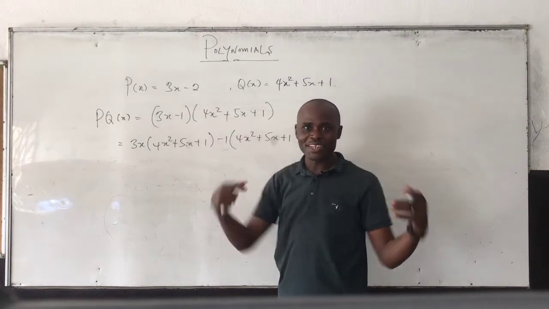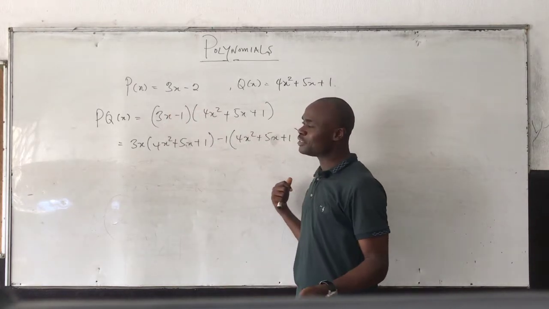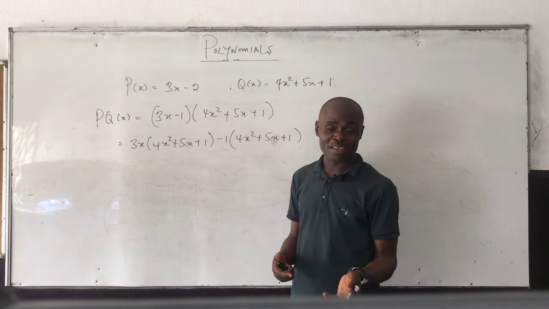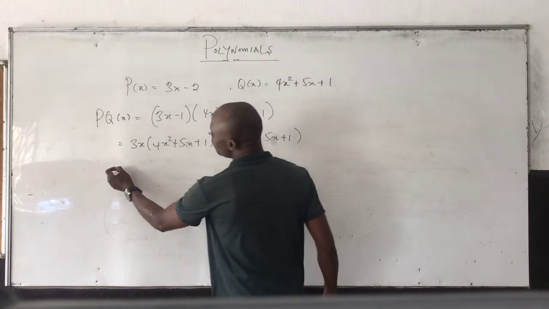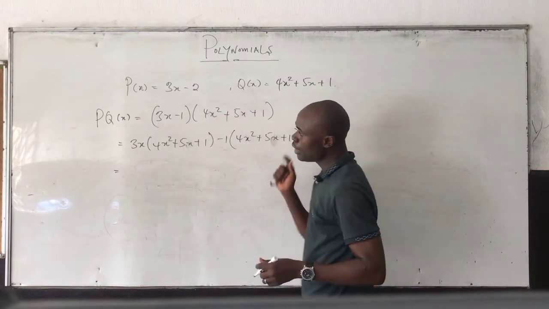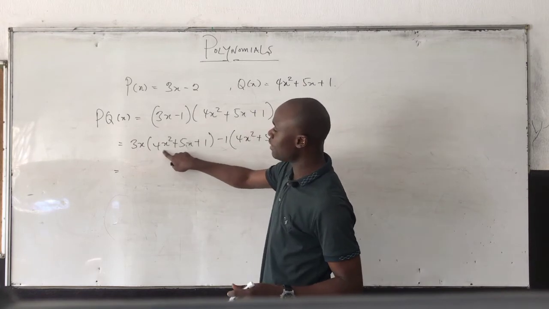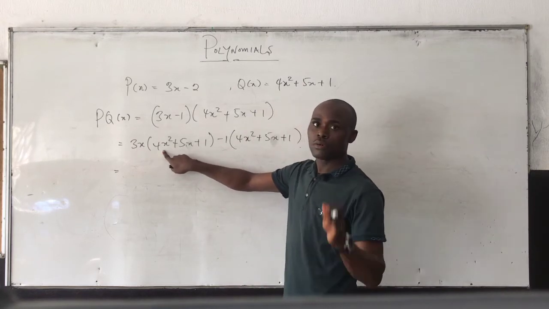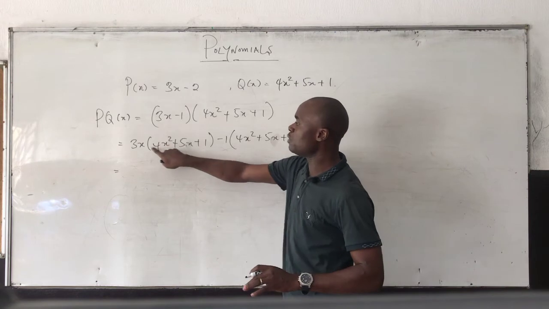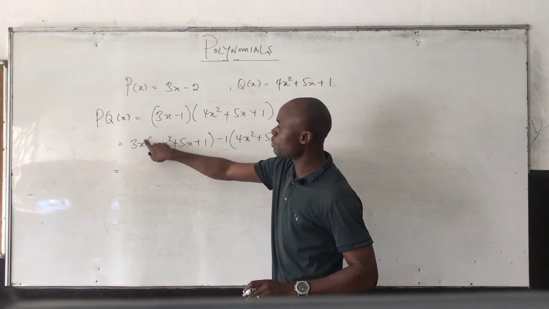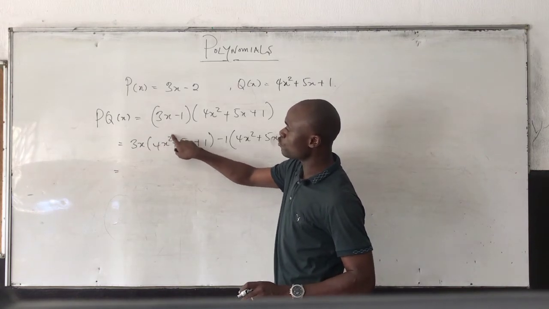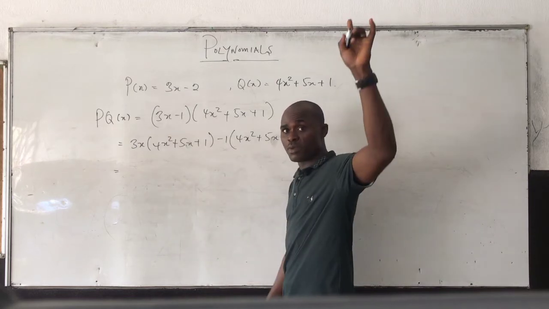The interesting thing is that by the time we finish with this, it's going to lead us to addition of polynomials. So we are going to multiply this by this. Please take note: coefficient with coefficient, and for the bases, x here is raised to the power of 1, x here is raised to the power of 2. So we add the powers. Please, you can always refer to my first video.